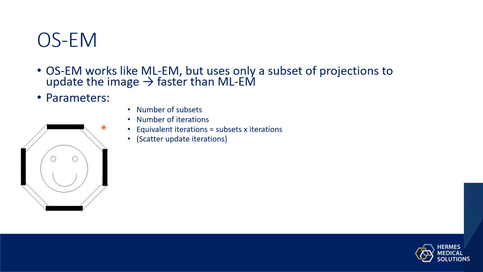In this case in here, we have 8 projections in total, and each MLEM update would use all these 8 projections. But in OSEM, in this case, we have split the projections into 2 subsets. Subset number 1 is these black projections, and subset number 2 is these white ones.